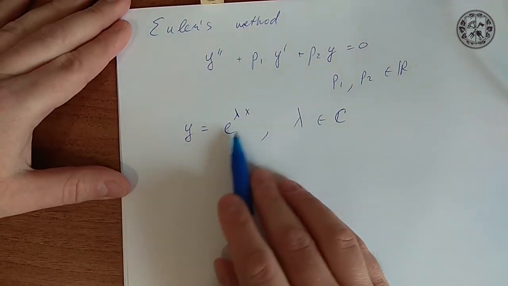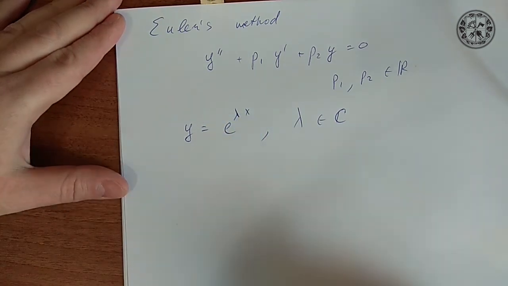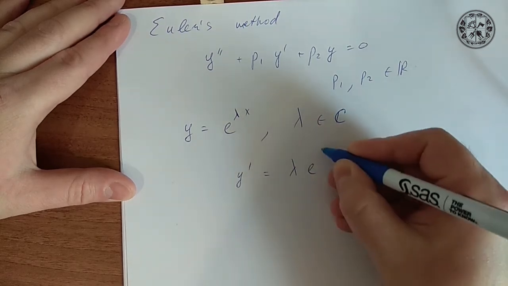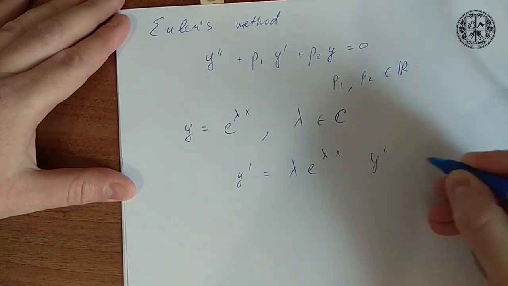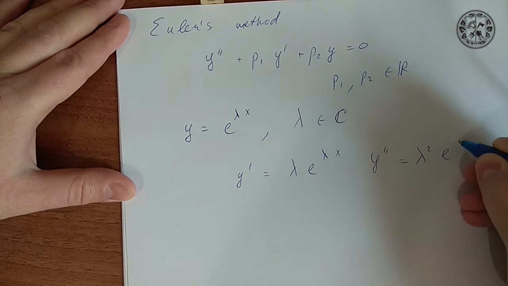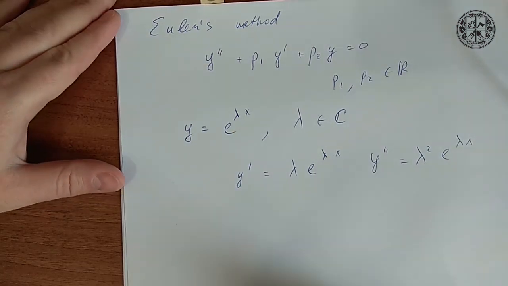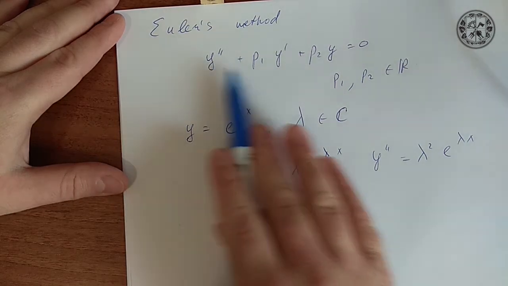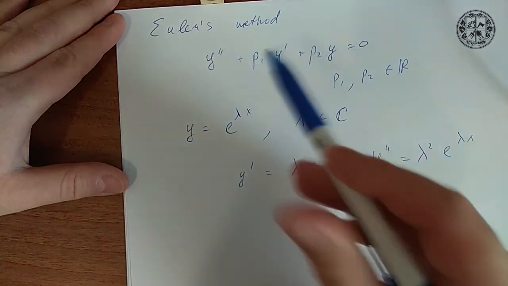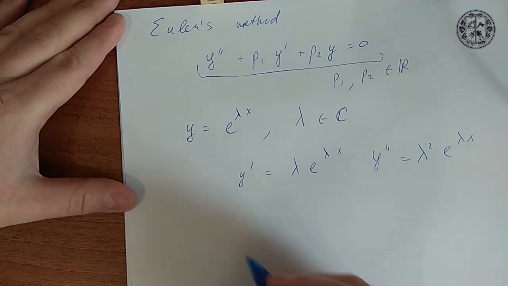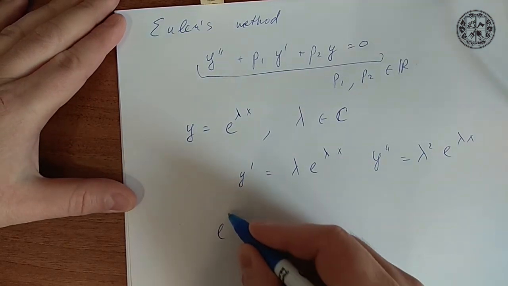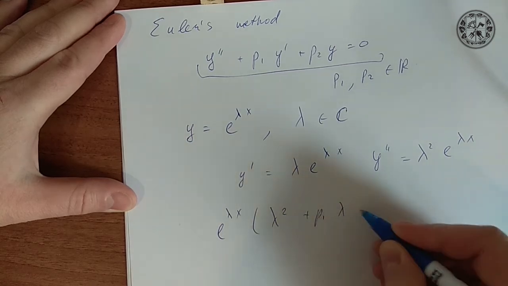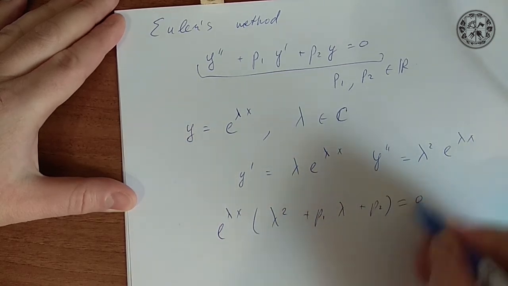So if y equals e^(lambda x), then y prime will be lambda e^(lambda x), y second prime will be lambda squared e^(lambda x), and substituting these three expressions in the initial equation, we will obtain e^(lambda x) times (lambda squared plus p1 lambda plus p2) equals 0.